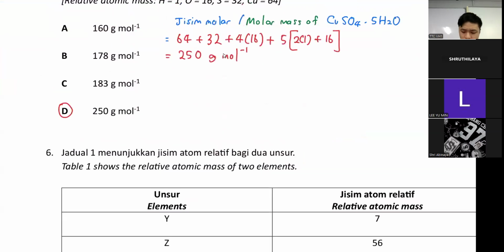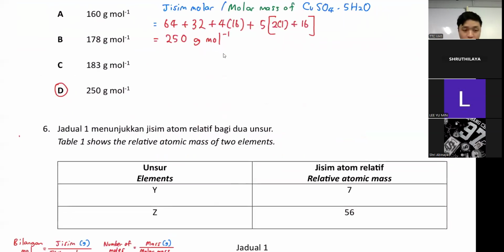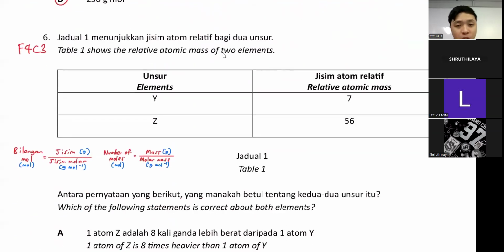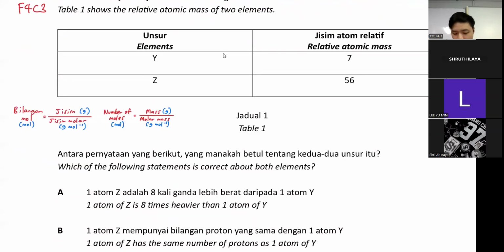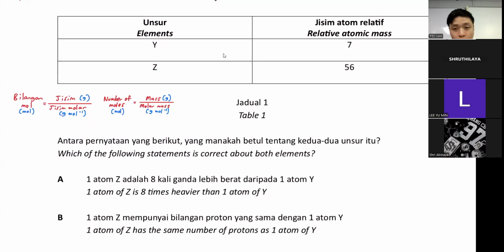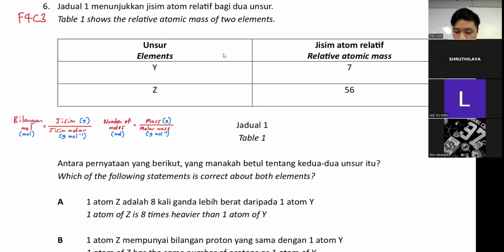Number question 6. Okay. This one is also Form 4, Chapter 3. Table 1 shows the relative atomic mass of two elements. Which of the following statements is correct about both elements? Now, you see, for atom Y, they tell you that the relative atomic mass means one atom Y's mass is 7.